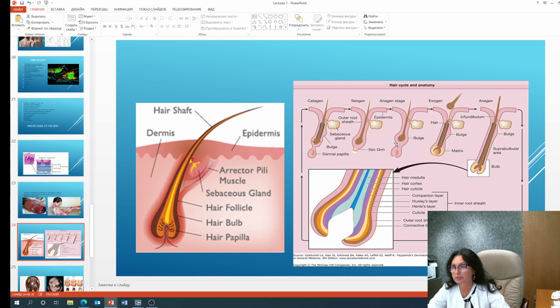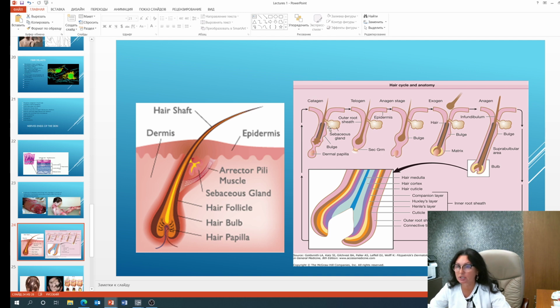In the next stage, the telogen stage, the supply of nutrition to the bulb stops, and the hair follicle moves upward toward the superficial skin. The hair becomes flexible and easy to pull out of the follicle, and after this hair loss occurs. Then there is the resting stage, the catagen stage.